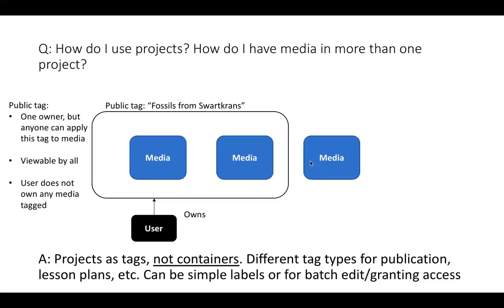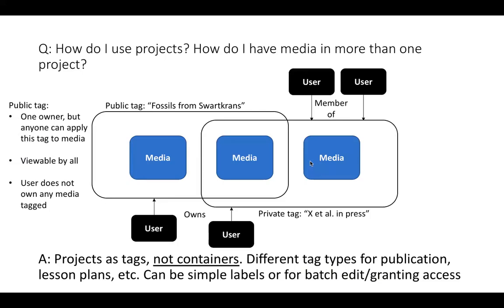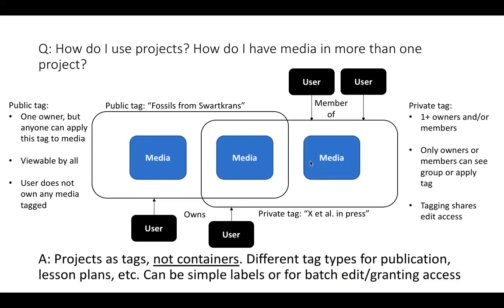But the other is, how do you group things for batch editing or for granting edit access, which we're going to do through the idea of something similar to a private tag. Our example private tag is maybe someone wants to group media for a publication in press. Because it's in press, they don't necessarily want it to be open.